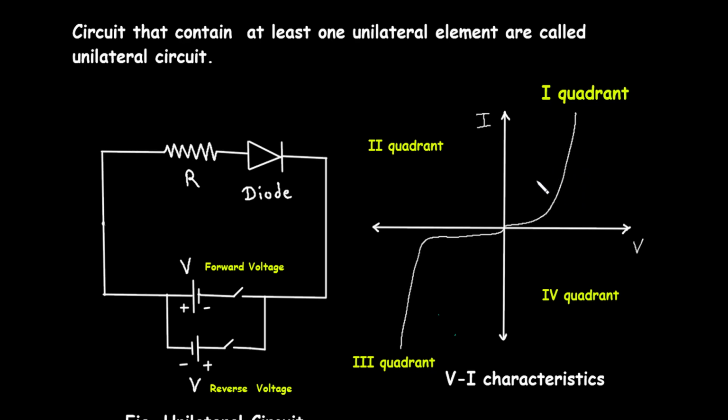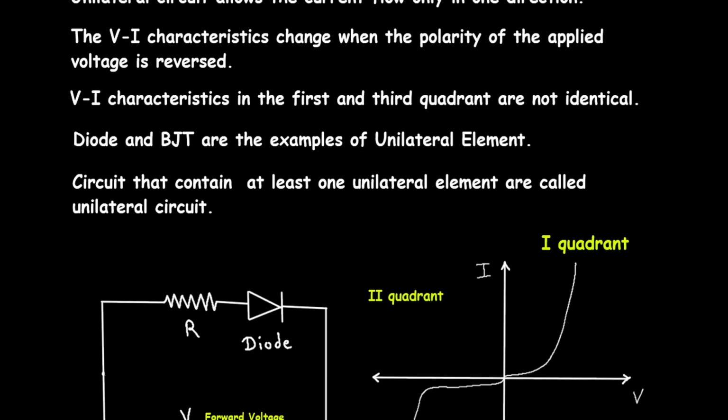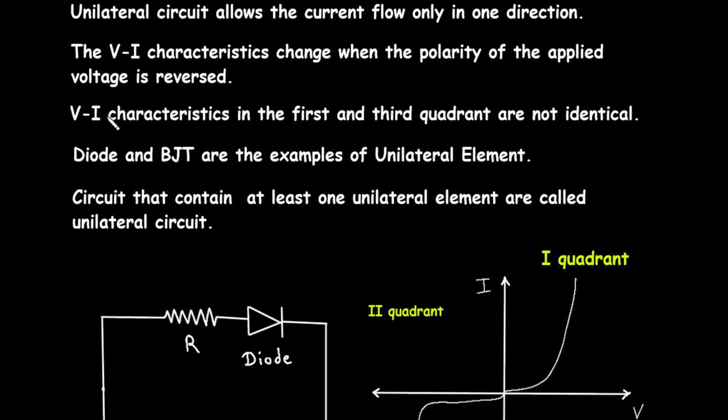This is different and this is different. This is when we give forward bias, and this is when we give reverse bias. So forward bias characteristics and reverse bias characteristics are different. Diode and BJT are the examples of unilateral element.